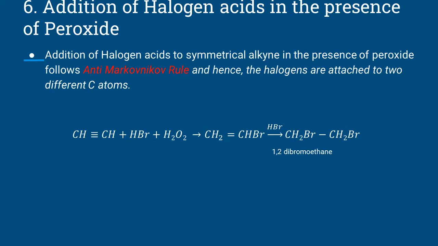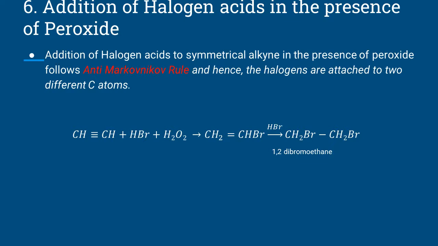Now how about the addition of halogen acids in the presence of peroxide? What is the influence of peroxide? Peroxide will make anti-Markovnikov rule apply. That is, halogen acids will add to an alkyne in the presence of peroxide to form a halo derivative following anti-Markovnikov rule, meaning that the negative part of the halogen goes into the carbon atom with more number of hydrogen atoms.